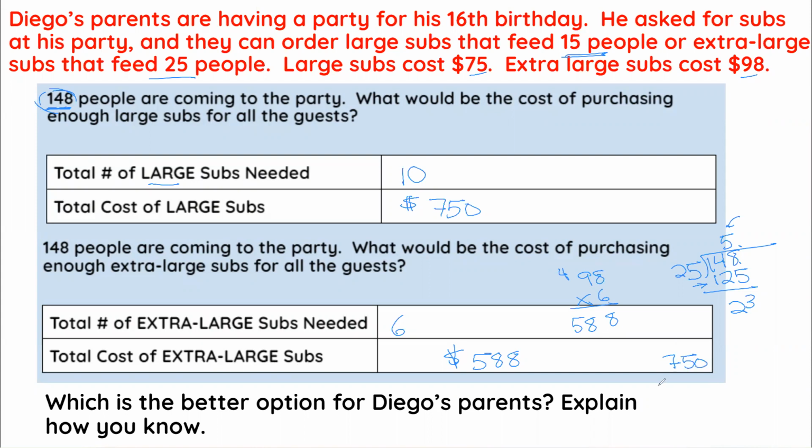I would take 750 and subtract from it 588. And I would say that in full sentences, I would say buying the extra large subs would be the better option because it would save Diego's parents $62. Okay, that's a great explanation. So make sure you always fully answer the questions that were being asked.